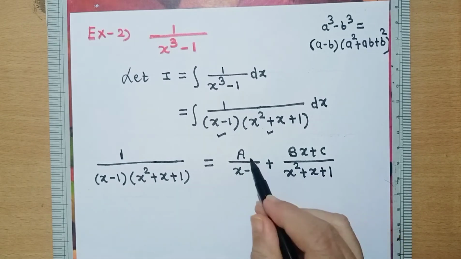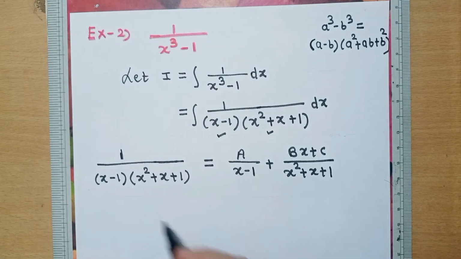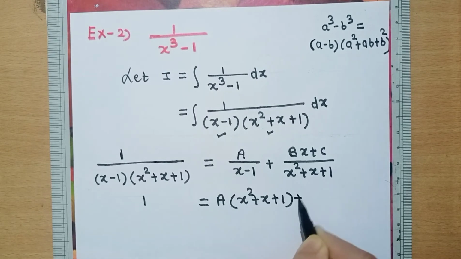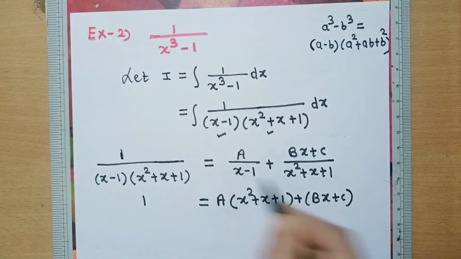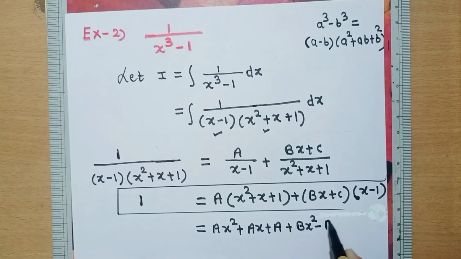And now directly by cross multiplication, we know this denominator gets cancelled, and so 1 is equal to a in bracket this, and then bx plus c, and here we will write. Now solve this bracket, and so we have ax square plus ax plus a, then solve this again, bx square minus bx, then multiply by c.